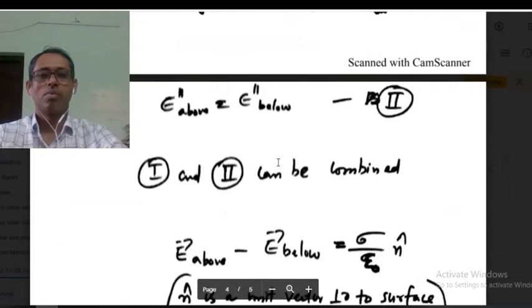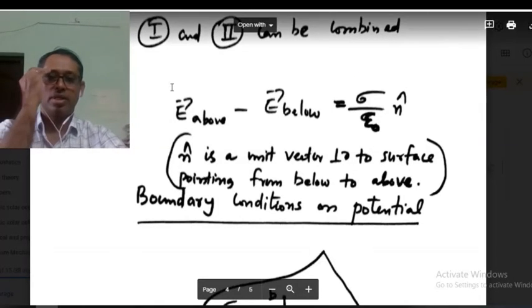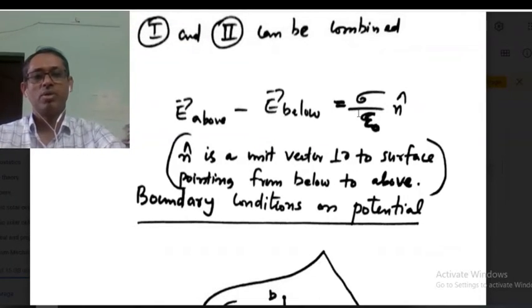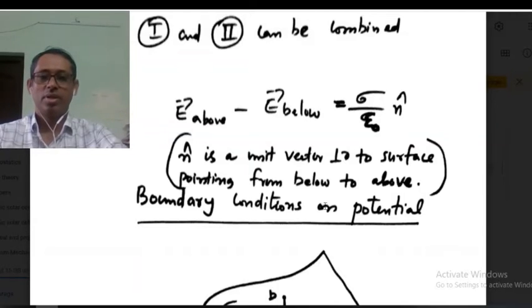So E above minus E below is sigma by epsilon 0 n.